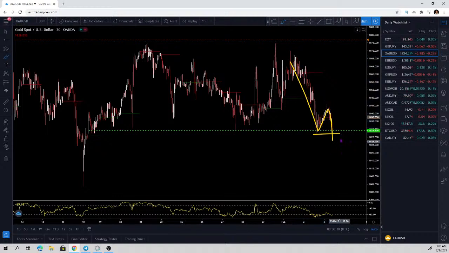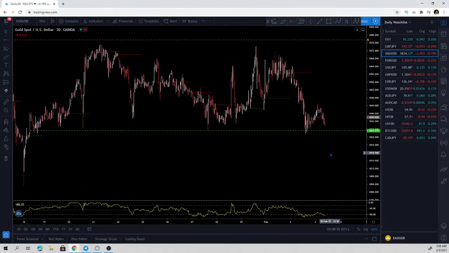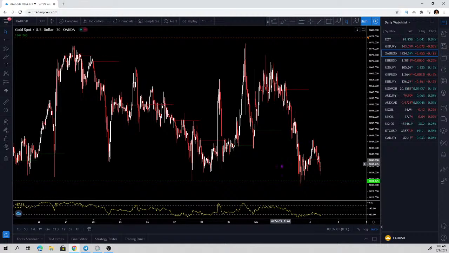So if price breaks this low, it invalidates your long idea because the structure would be printing a lower low, and you don't want to be buying. You don't want to be in a buy position when the structure of the market is bearish. That's how I look at the market, and that's how I position my stop losses, right?